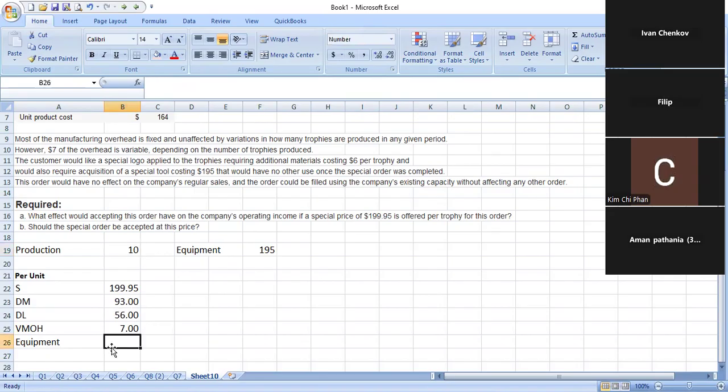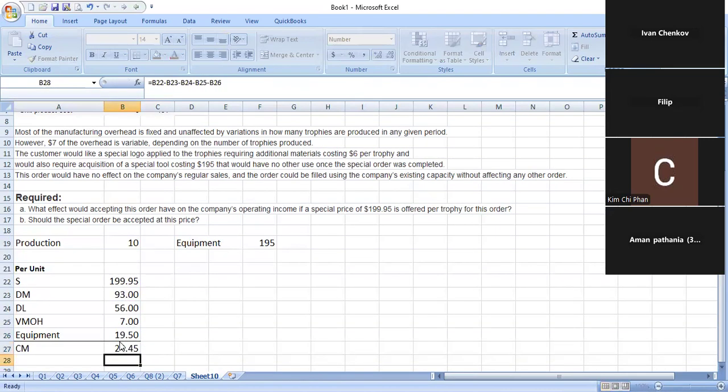So how much will it be per one? $19.50, which is 195 divided by 10. And that will be my total cost. Am I generating something? That will be my contribution margin now, because everything is on the variable side and everything is product cost: equal to this one minus this minus this minus this minus this.